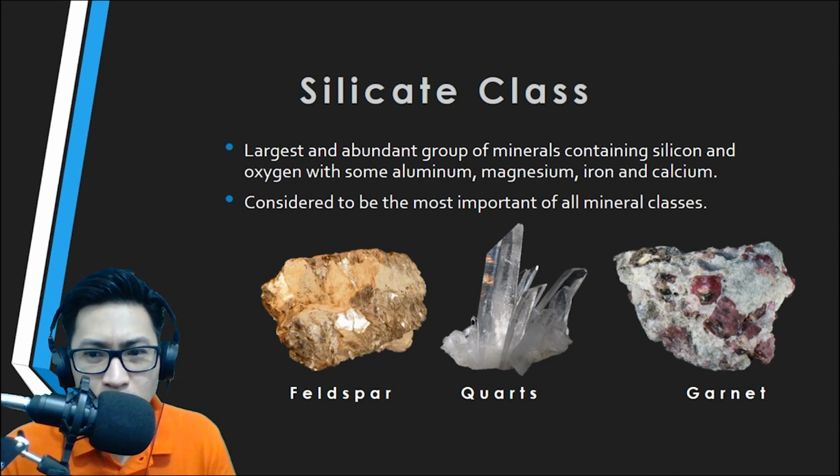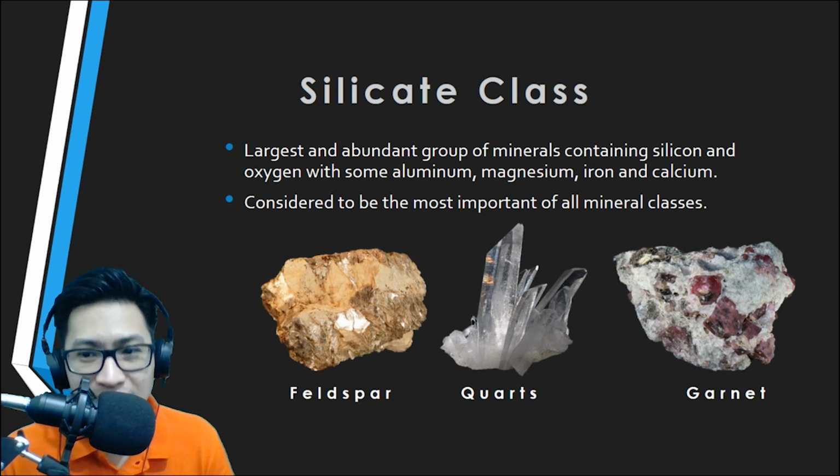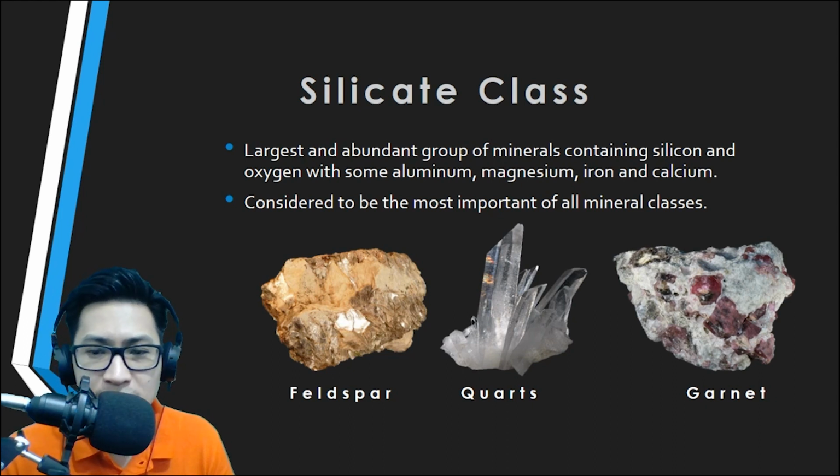The soil where we grow our food is made up of mostly silicate minerals, and the bricks, the stones, and the glass are silicates, or derived from silicates.